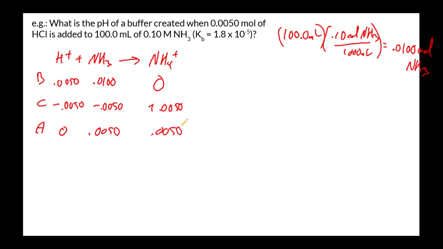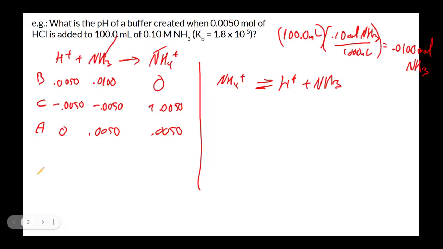And so now we have a base and its conjugate acid both present in the same solution. We just created a buffer. Now let's find out what its pH is. NH4 plus is going to be in equilibrium with H plus and NH3.